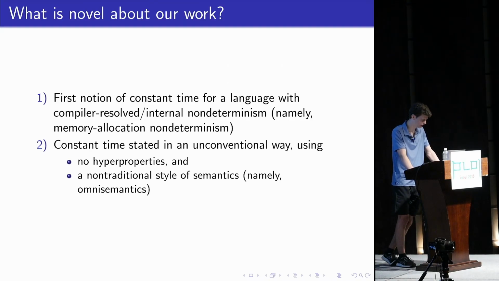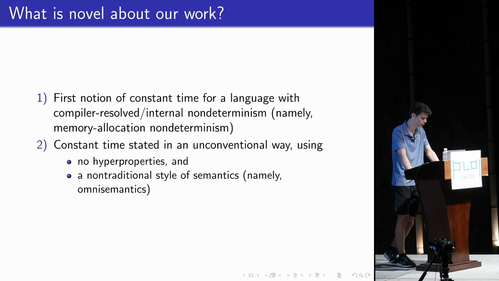So what do we do that is new? All the past work just works with compilers where the source and target languages are deterministic. This is because it's not so clear initially how to even define a reasonable notion of constant time for non-deterministic programs.